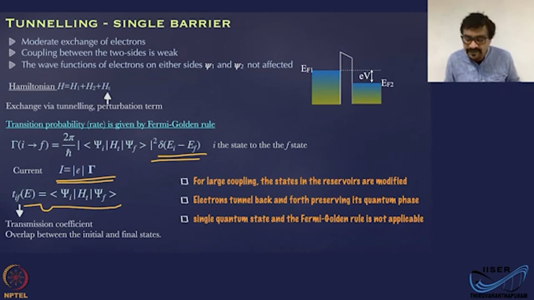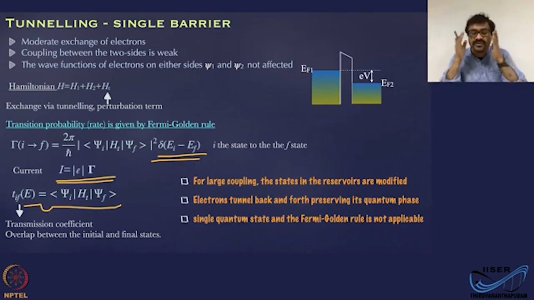Now, the premise that we have applied this Fermi's golden rule is that the tunnel coupling between the two sides is weak. So for large coupling, if there is a lot of coupling between the two sides, the states themselves can get modified by interaction in the reservoirs. Then you can have a lot of tunneling back and forth because the states can overlap a lot.